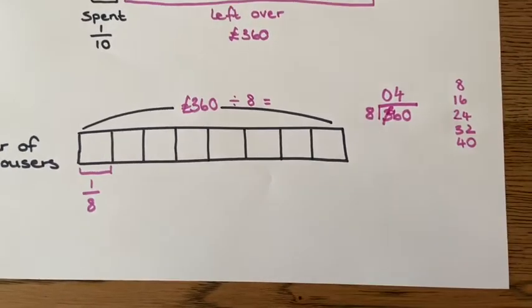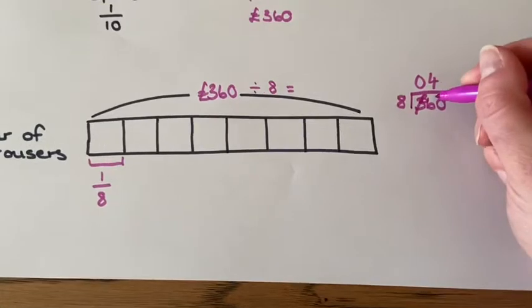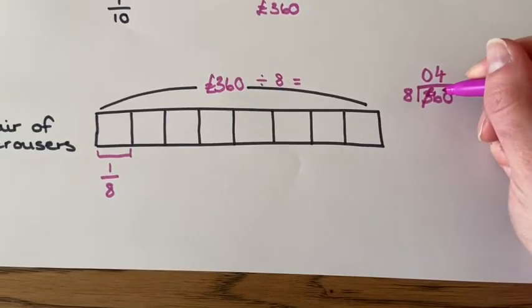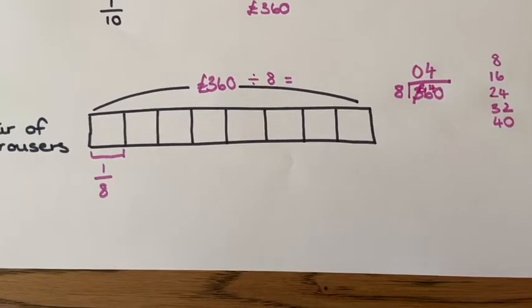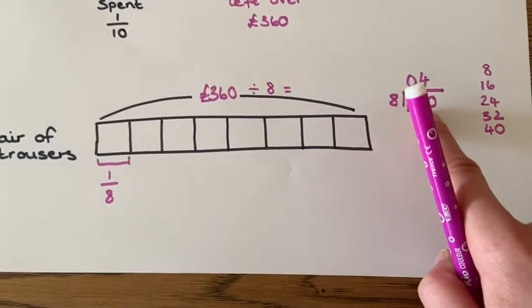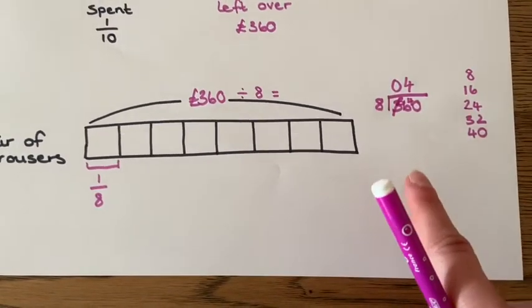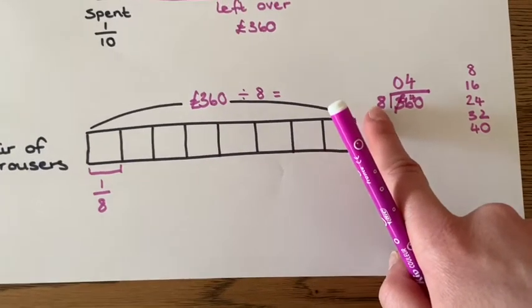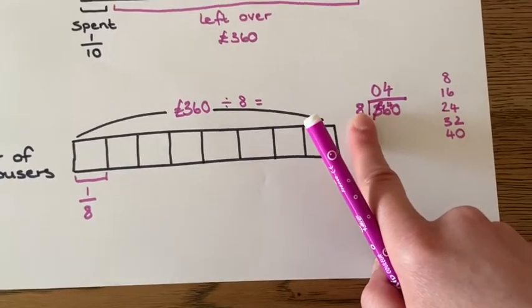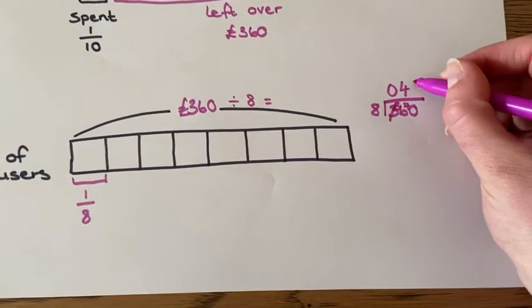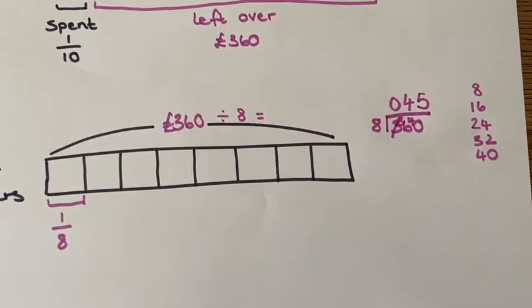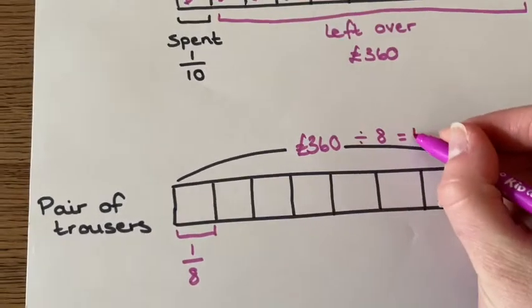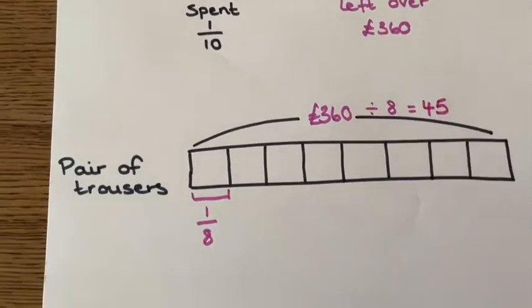So I'm going to exchange those, and I'm going to rename them or exchange them for ones. So I now have 40 ones. So again, I've got 40 counters, all worth 1 unit each, and I'm trying to make groups of 8. How many groups of 8 can I make? I can make 5. So you should have deduced the answer is £45.